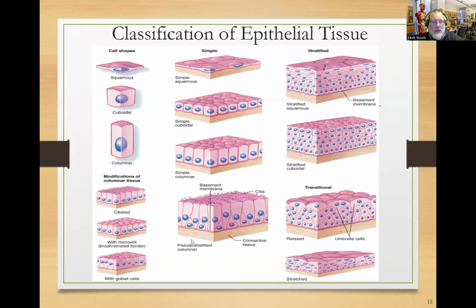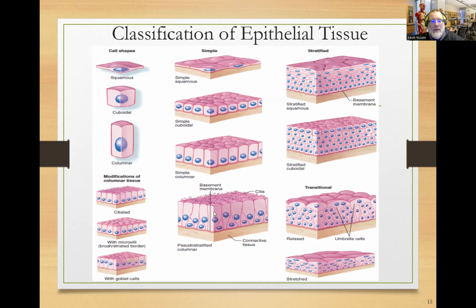We do see pseudo. Again, the P is silent. Pseudo means kind of like fake or appears to be but isn't. And then stratified has to do with multiple layers, which is this over here. So pseudostratified appears to be multi-layered.